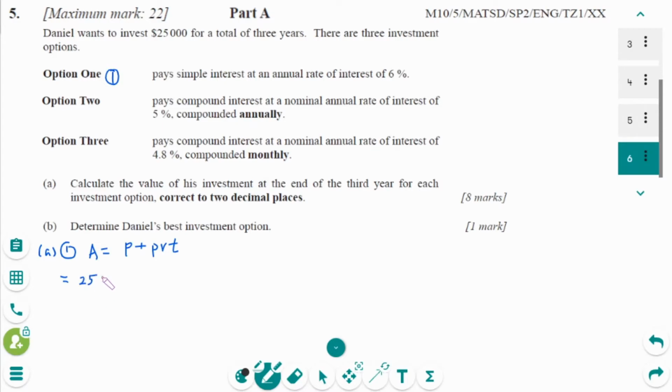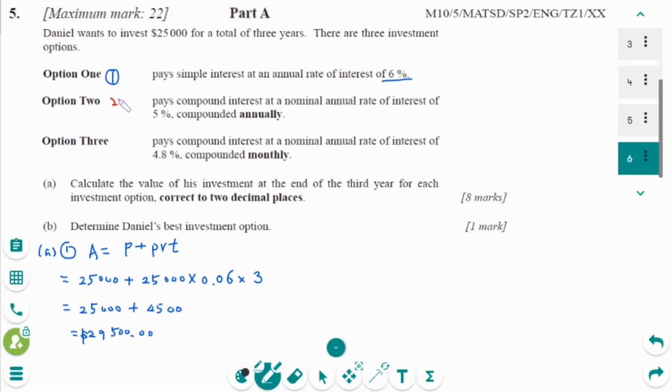Then P is 25,000 plus $25,000 times interest 6%, which is 0.06 times 3 years, equals $25,000 plus 4,500 equals $29,500.